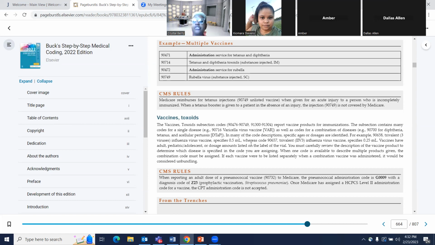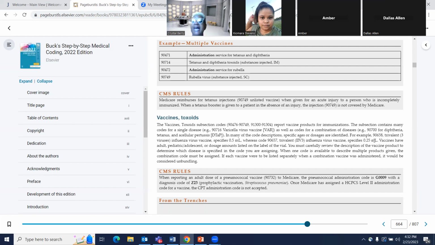In many of the code descriptions, here we go right here, saying school age, specific ages or dosages are identified. You know how they have age 2, age 4, age 6, age 8, when you need to get your second shot or your third shot. And just like with the MMR, one time it used to be 1 dose, then it's 2, and now they're supposed to be coming up with a 3rd dose.